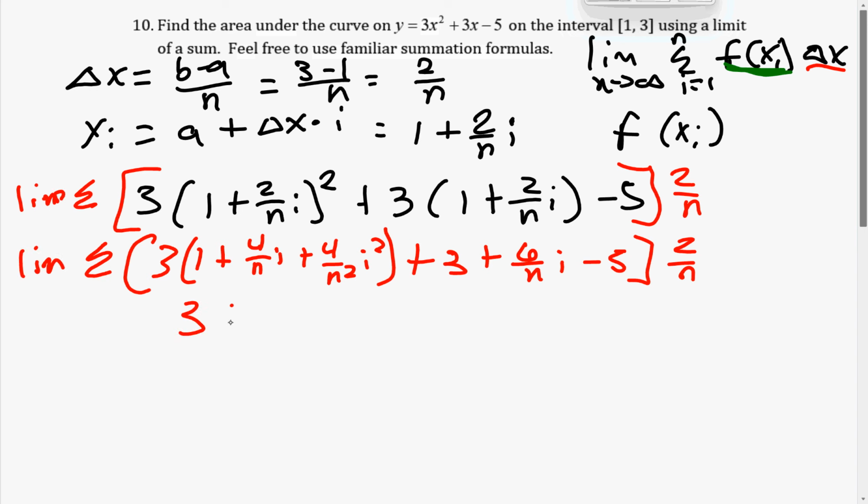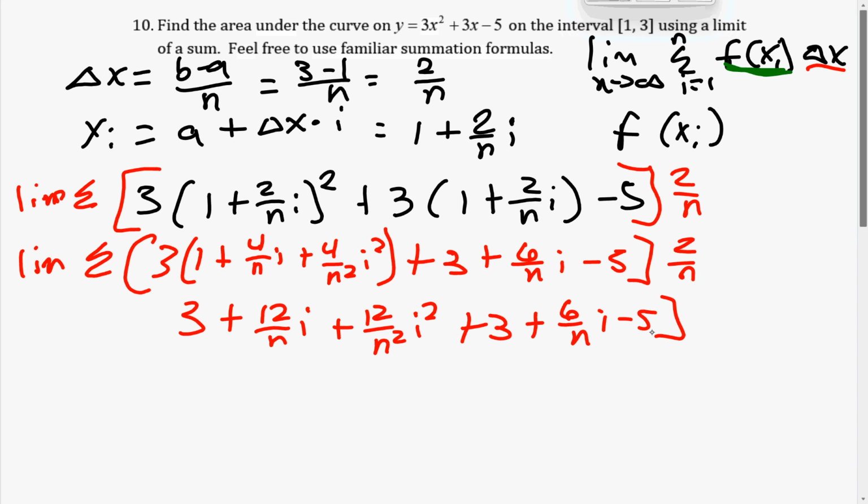Okay, so I can distribute that 3. n squared i squared plus 3. So I could really probably combine that 3 and this 3 and get 6, right? And then minus 5, so I get 1. But I'm kind of thinking ahead, simplifying sum of that, limit of that. Make sure you times by the change in x at the end.